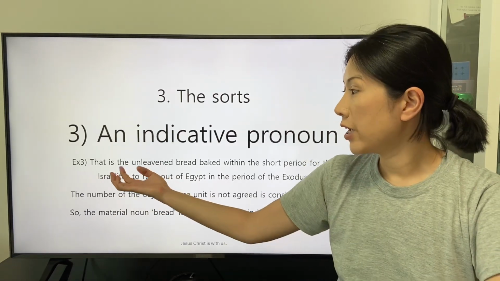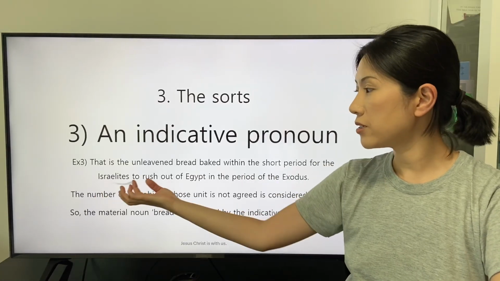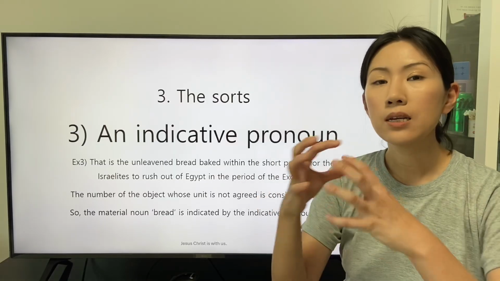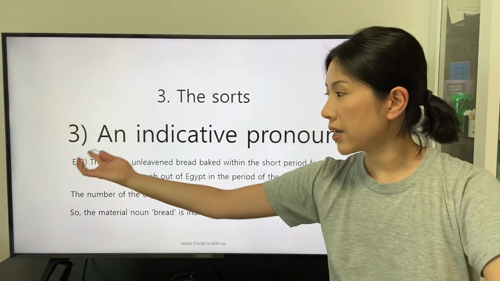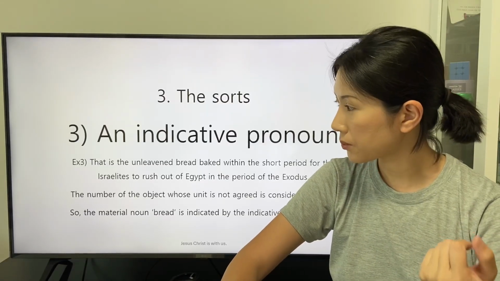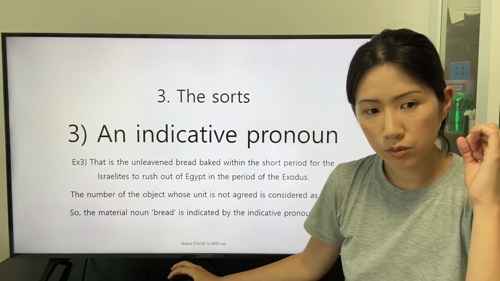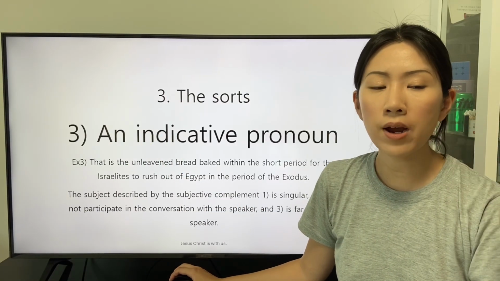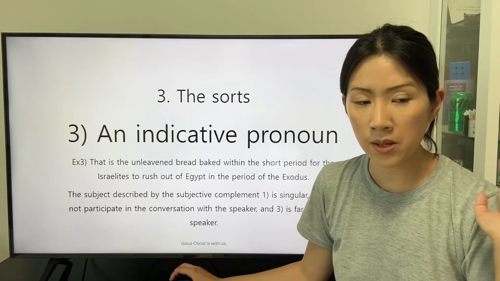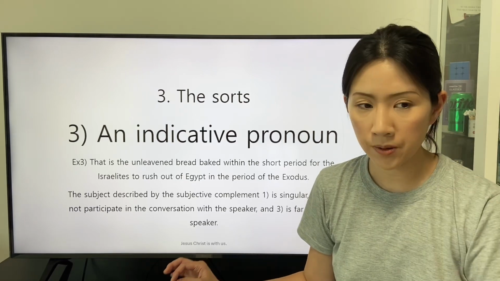The subjective complement, the unleavened bread baked within the short period for the Israelites to rush out of Egypt in the period of the Exodus, defines the subject indicated by the indicative pronoun that. The subject described by the subjective complement is singular, does not participate in the conversation with the speaker, and is far from the speaker.